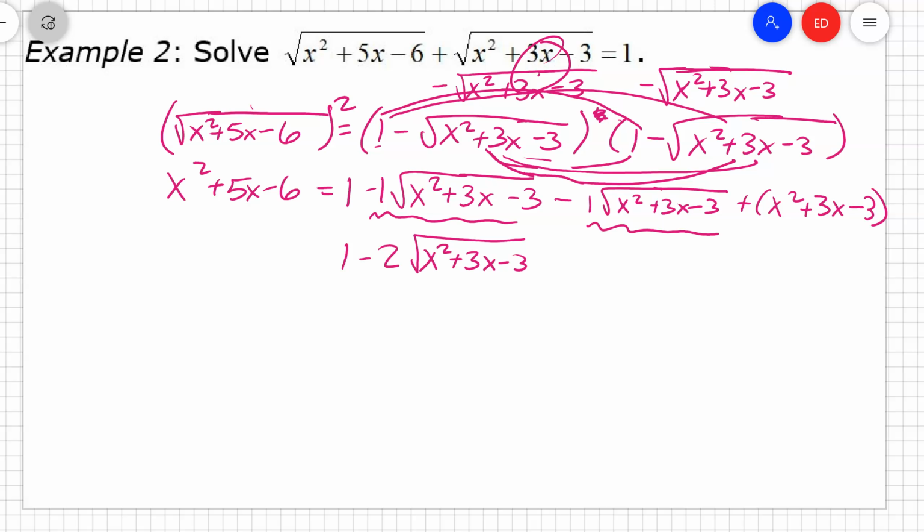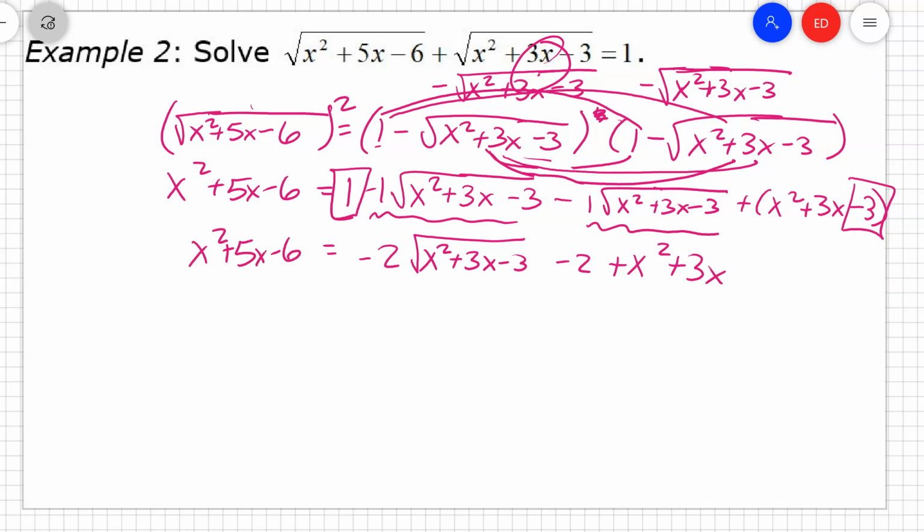Out here, we can go ahead and combine the 1 and the minus 3. That's going to end up just being minus 2 plus x squared plus 3x. Just finish up the terms that are at the end.